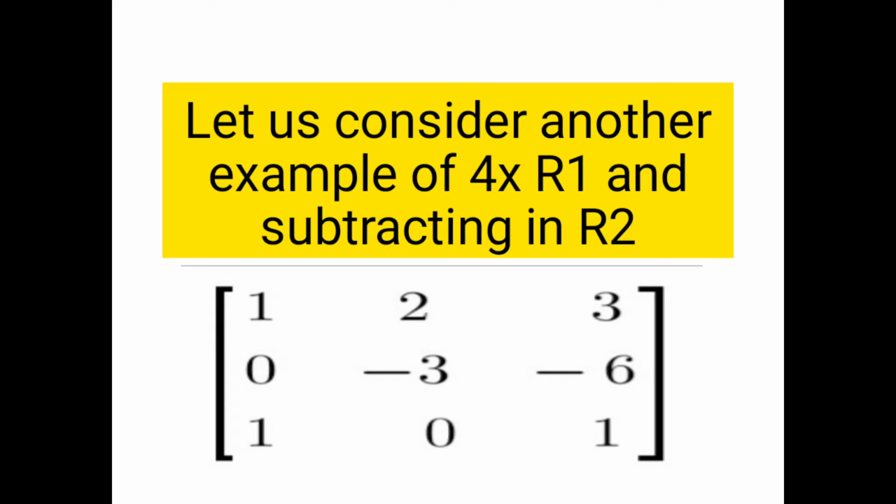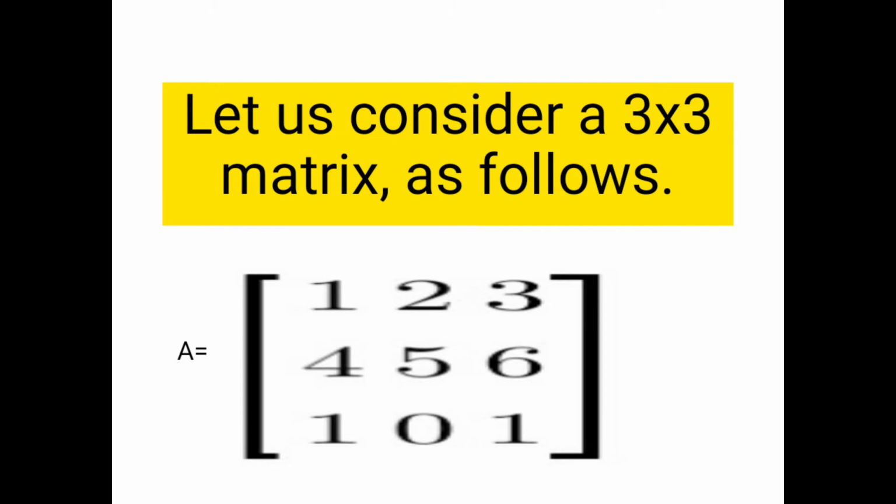Here I am considering a transformation R2 minus 4R1, that is, we are multiplying every element of R1 by minus 4 and adding it to the corresponding elements of R2. So R2 is changing. Earlier we noted that R2 has 4, 5, 6.